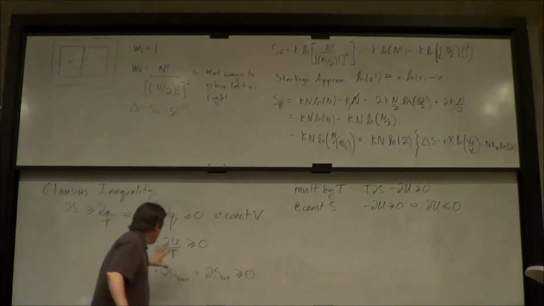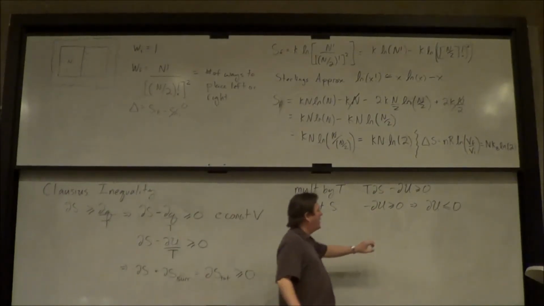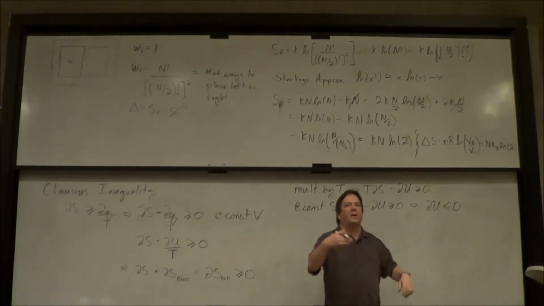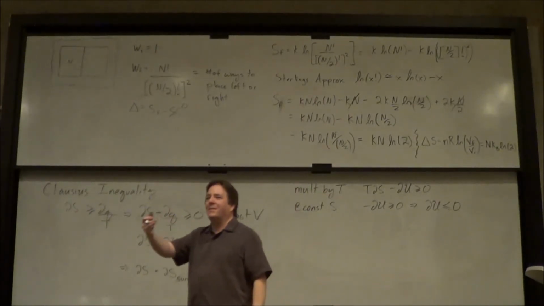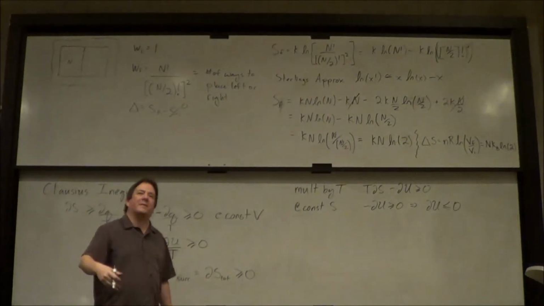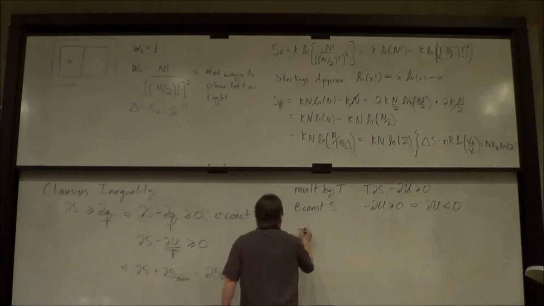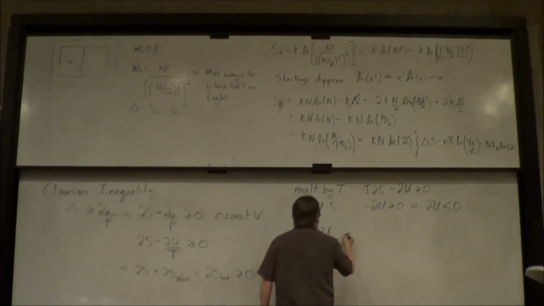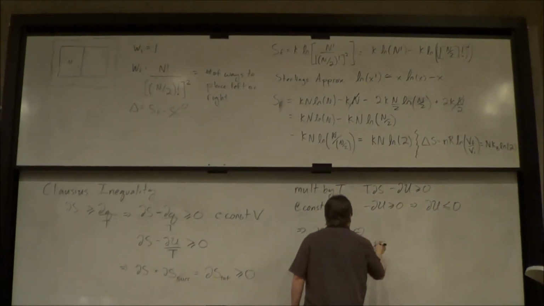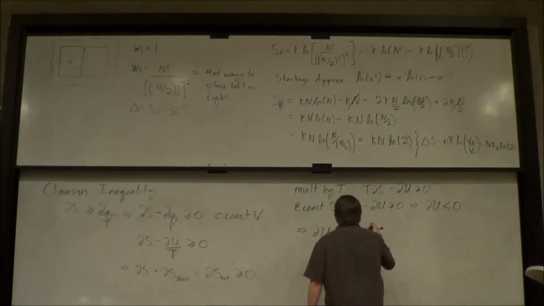All right. Again, total entropy must increase. If delta U is negative, then total entropy increased. And that means that the process was spontaneous. All right. Therefore, if a process is spontaneous, then the change in U is negative.